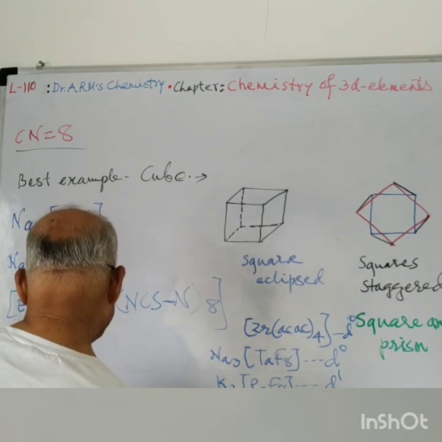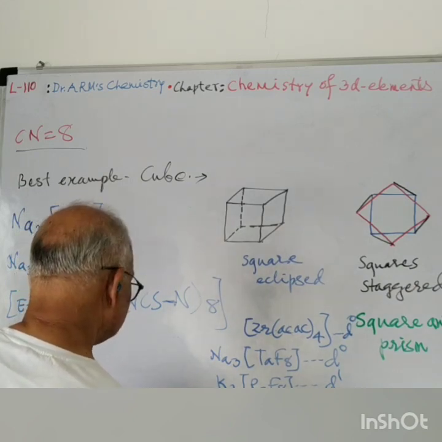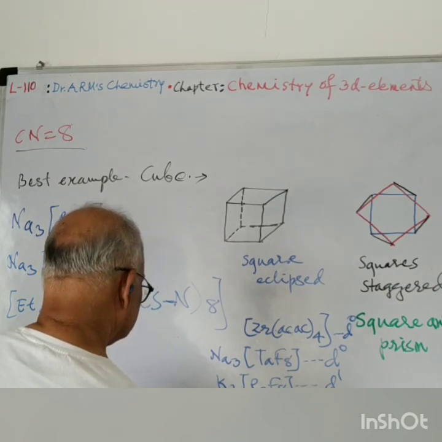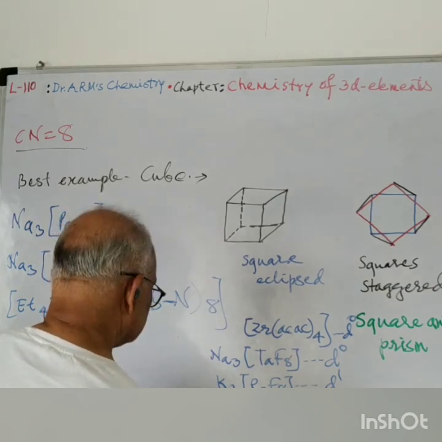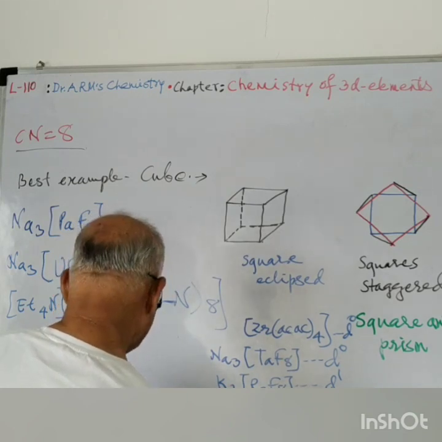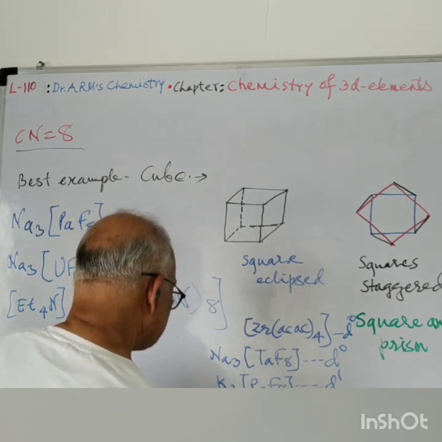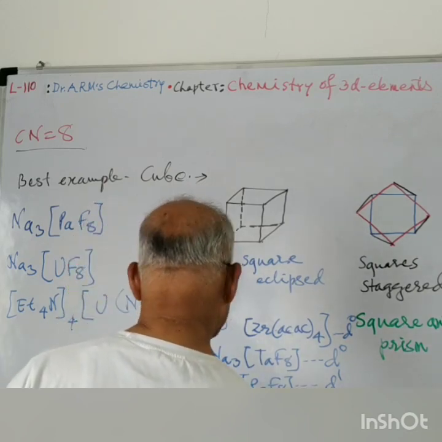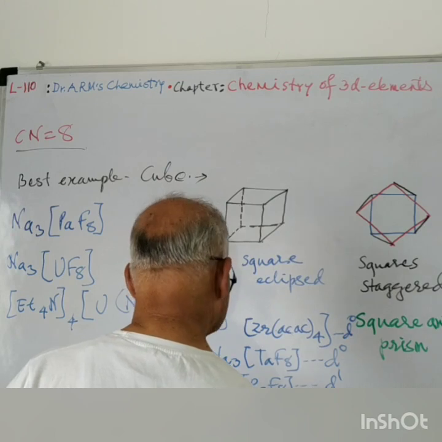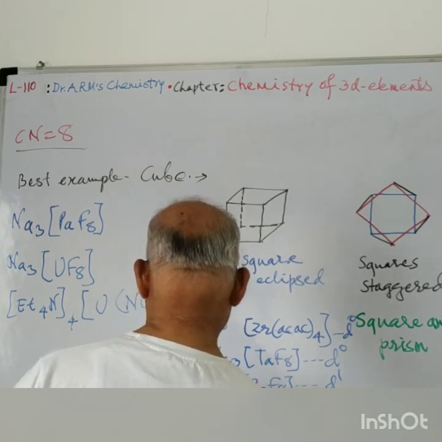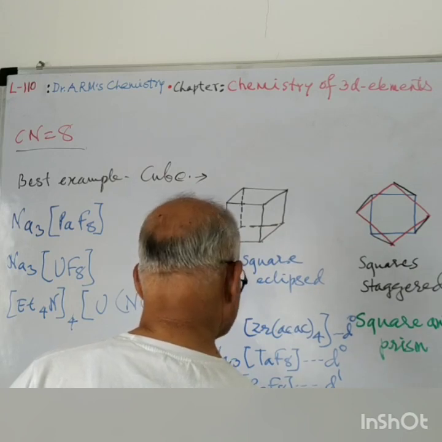And another is K2, with NH3CH2CH2NH3, then Nb.